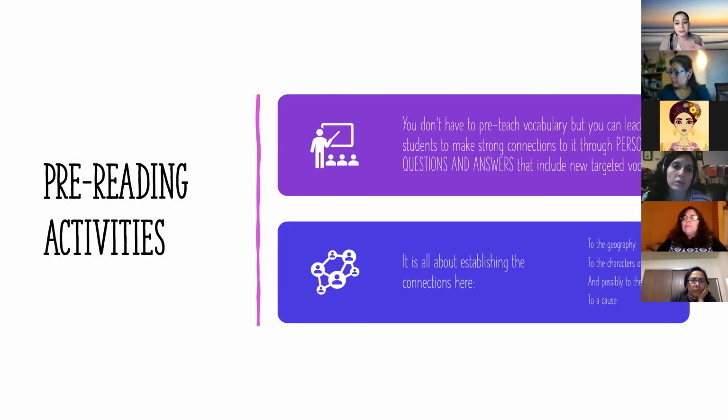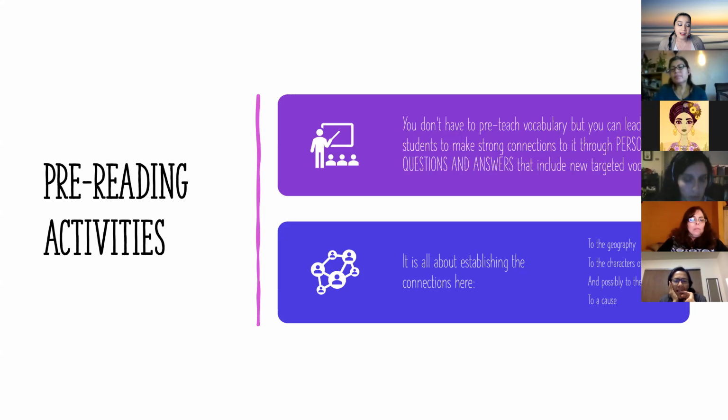And something that I do in my classroom is that years ago, I ordered a class set of flags for every Spanish speaking country. So when we're reading a novel from Cuba, the Cuban flag is hanging in my classroom. When we're reading a novel from Costa Rica, the Costa Rican flag is hanging in the classroom. And it just makes a stronger connection for the students. And we love it. I love it.